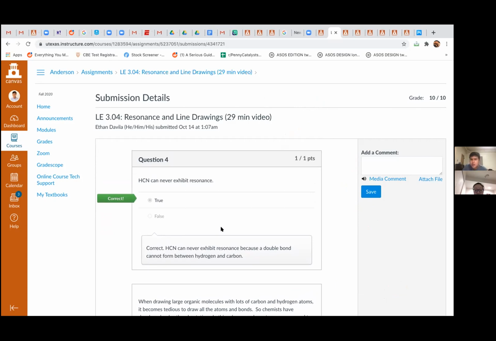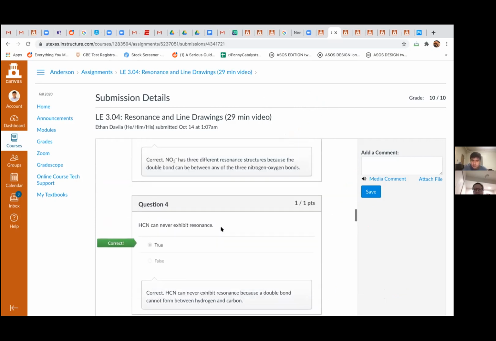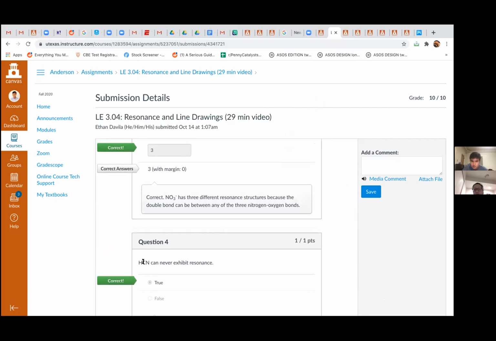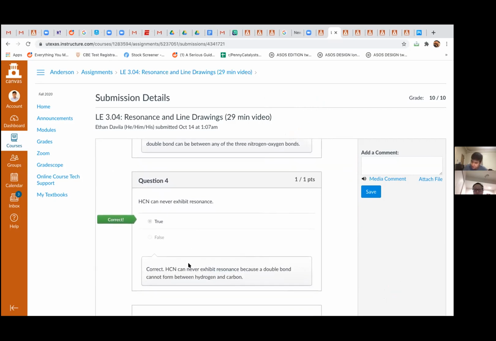Wait, how do you tell which one's the central atom? Usually the first atom is going to be the central atom, except for hydrogens. Hydrogens are never the central atom. So whichever comes afterwards is going to be the central atom. So carbon is the central atom? For this one, yeah.